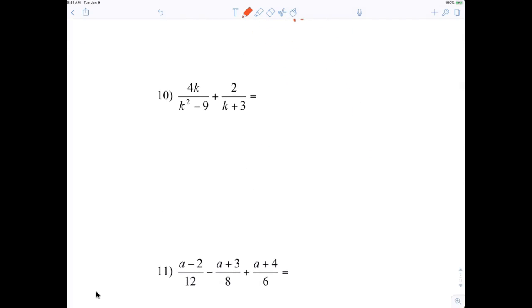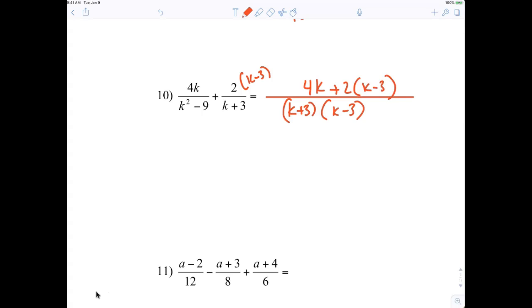What's the common denominator, first off? Yes, ma'am. So far, so good. Now what? Exactly right. So I would want you to just put 4k plus 2. All right, now simplify.